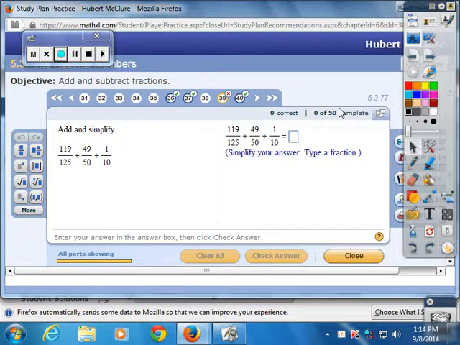So go over here and draw your chart. You put 10, 50, and 125 at the top, and 2, 3, 5, 7, and 11. And find your least common multiple.